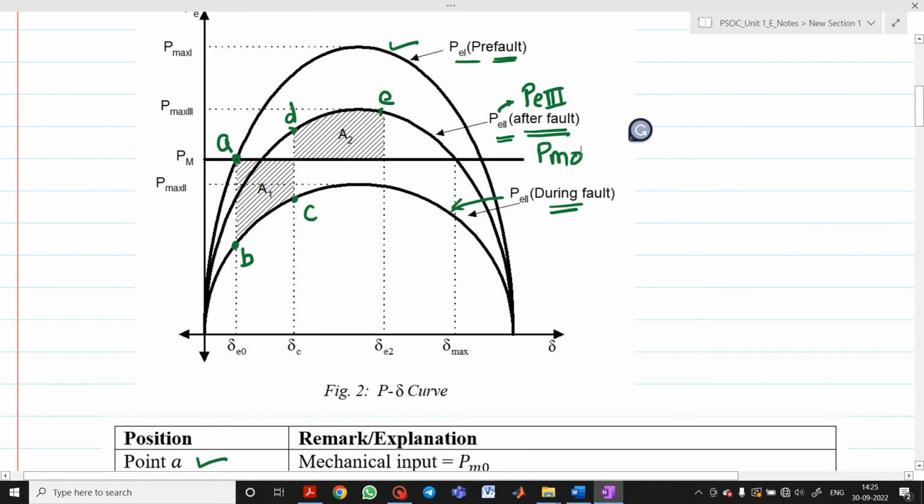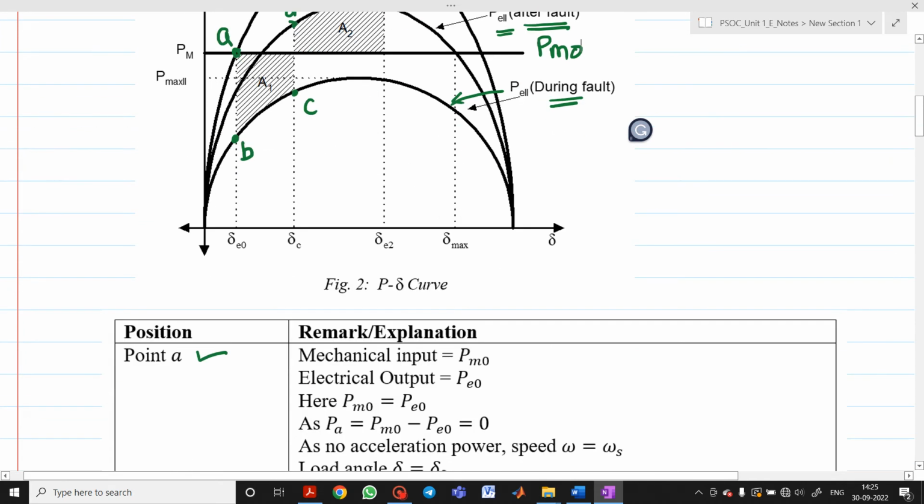The first curve is of PE1. So therefore here you can write PM0 will be equal to PE1. Now you can write PE0 also, where 0 indicates the initial condition, or instead of 0 you can write PE1 also. That is nothing but the electrical power transfer before the fault. So PM0 equals PE1.